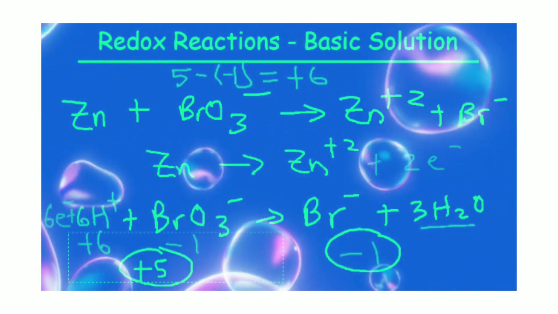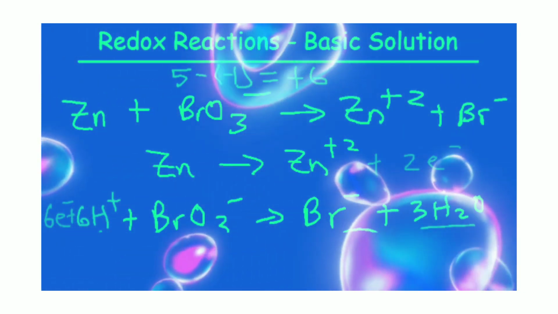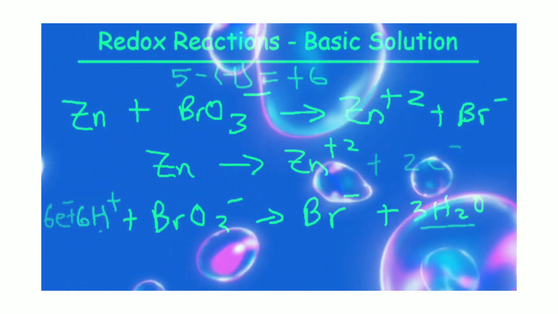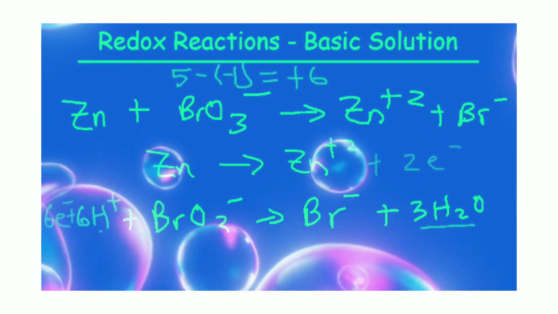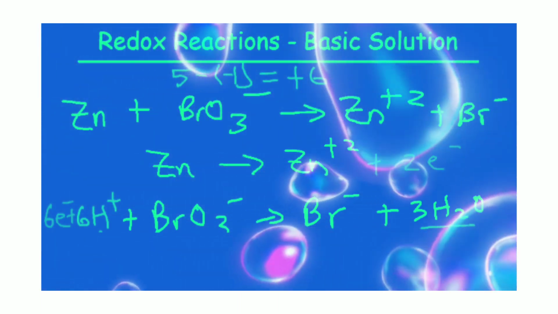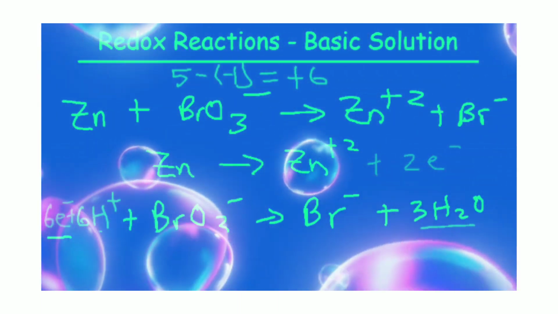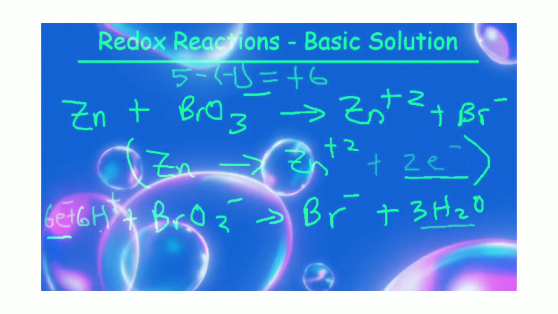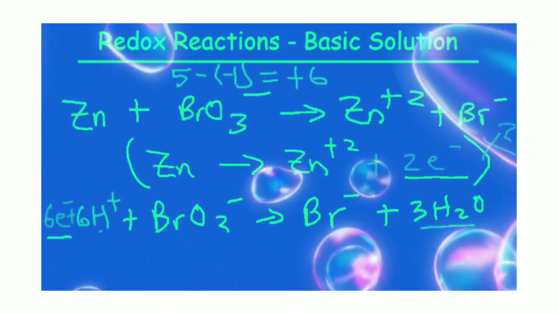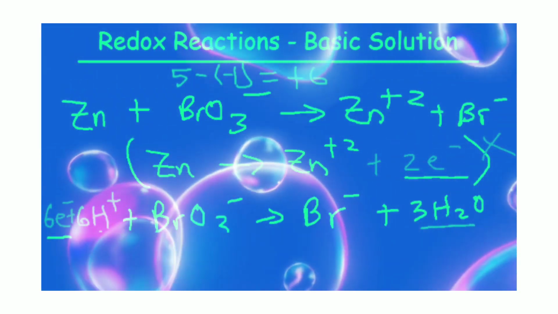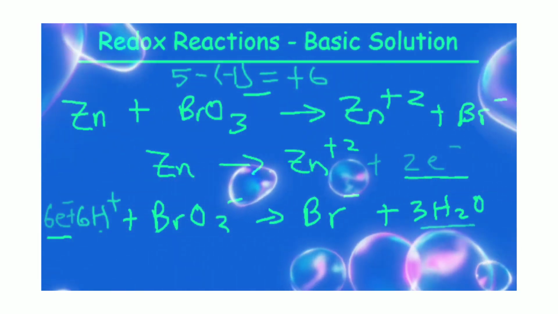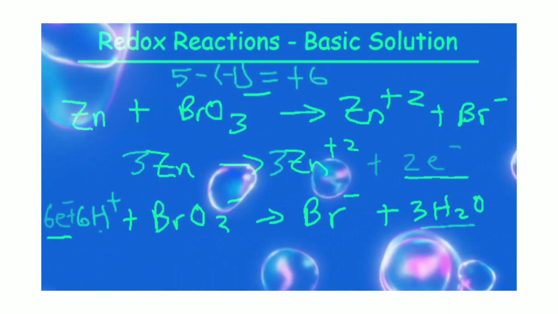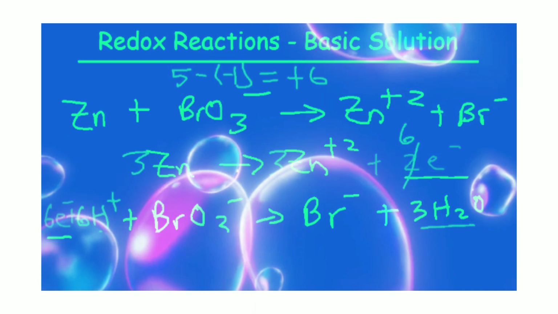So now what do we need to do at this point? At this point, we need to balance the number of electrons. So notice that we have 6 electrons on the left and 2 electrons on the right. So let's multiply this equation by 3. So we're going to have 3 zinc atoms, 3 zinc cations, and now we're going to have 6 electrons.